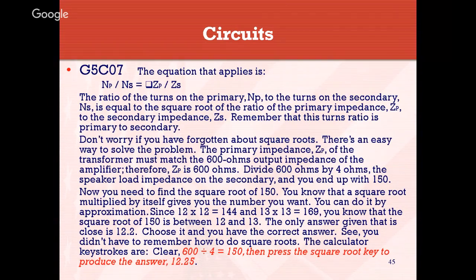Oh boy, this equation, the equation that applies is ratio of turns on the primary divided by the ratio of turns on the secondary is equal to the impedance of the primary divided by the impedance of the secondary.